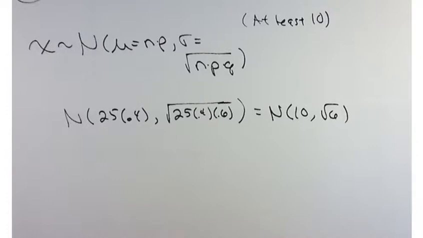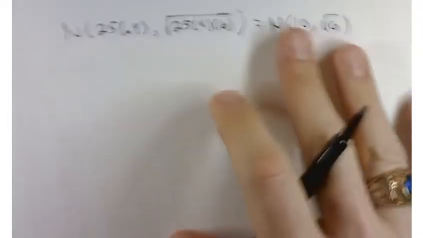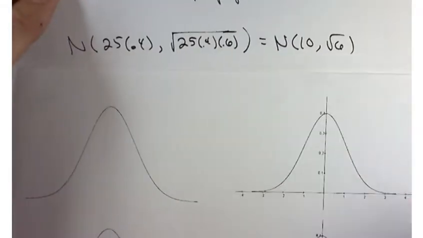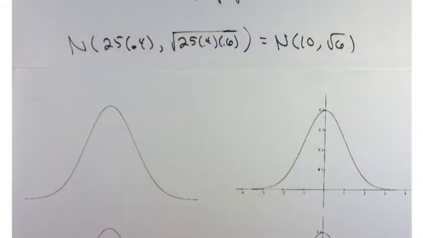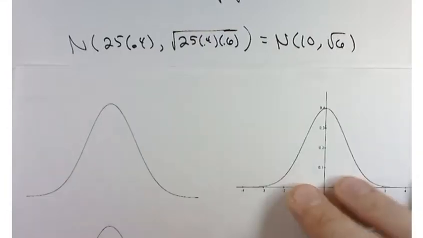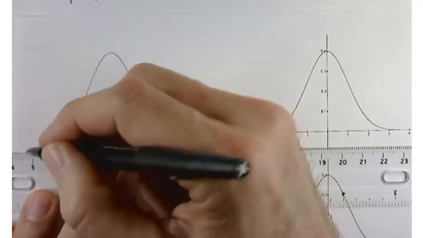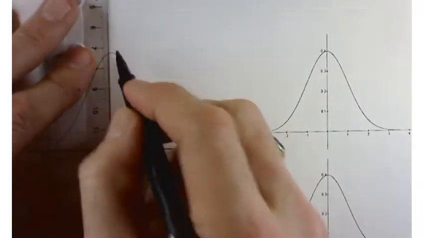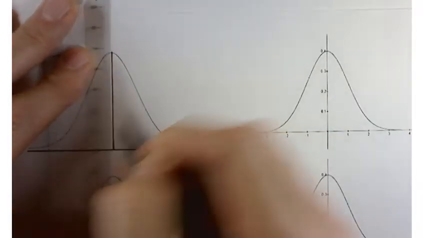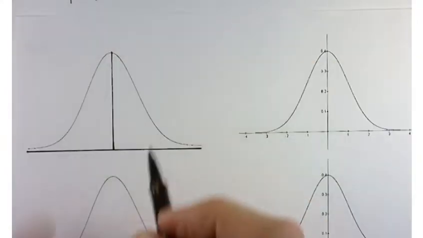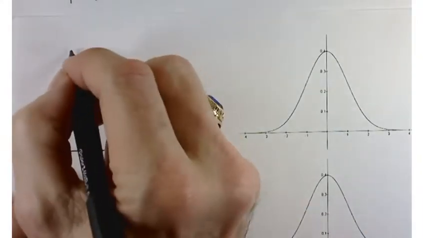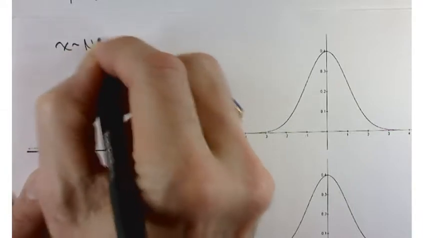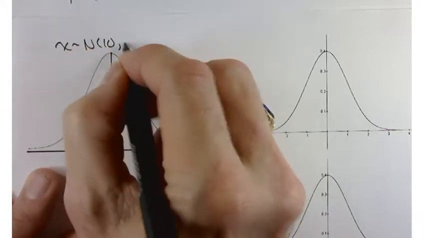Okay, well, let's sketch this out. The mean number of successes is 10. So this is our normal curve, normal with mean 10 and standard deviation square root of 6.